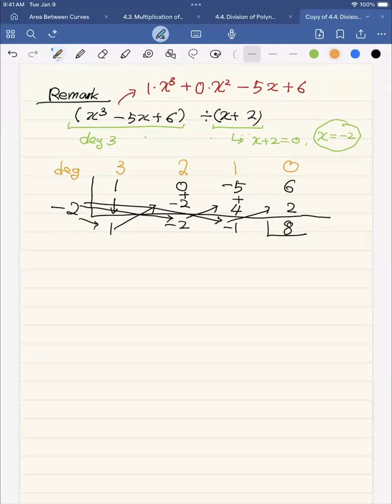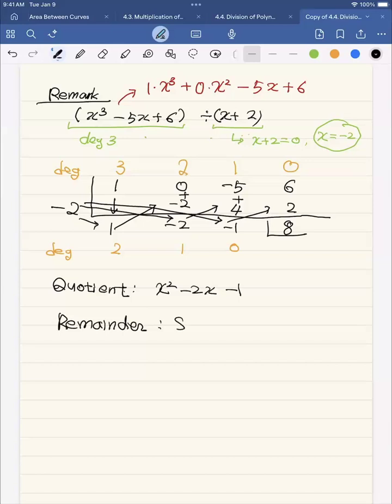So when we interpret, the quotient will have degree 2, because when we interpret degree, this one is degree 0, 1, 2. So the quotient is x squared minus 2x minus 1, and the remainder is 8.